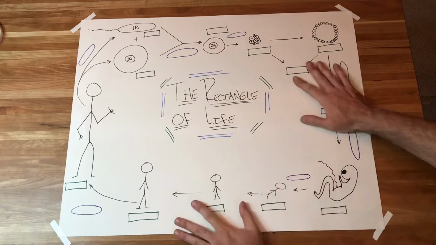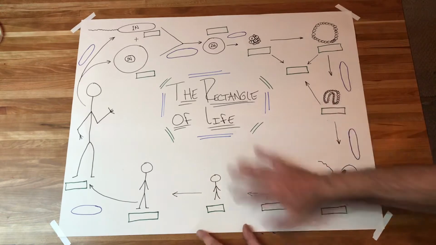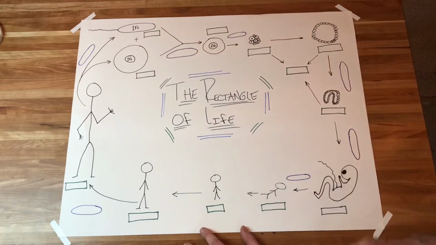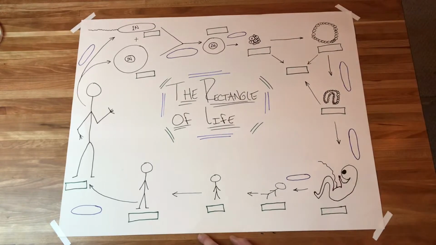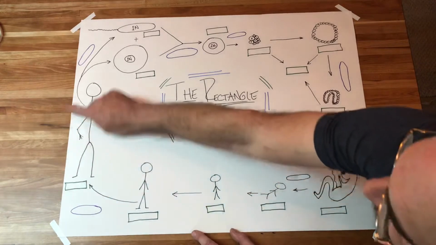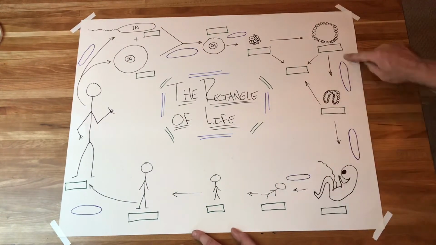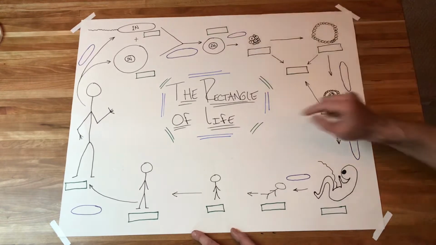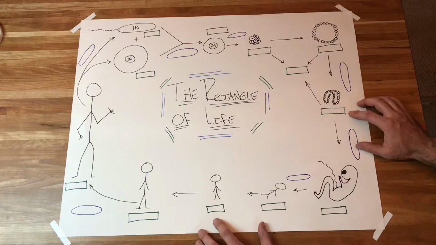This used to be a quiz question where I left out all the blanks, or at least some of them, and you would know the terms to fill in. The rectangles represent the stages of the terms we've covered, and these purple oval-y things represent the processes that are involved.